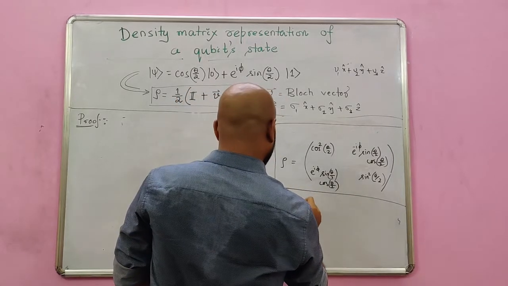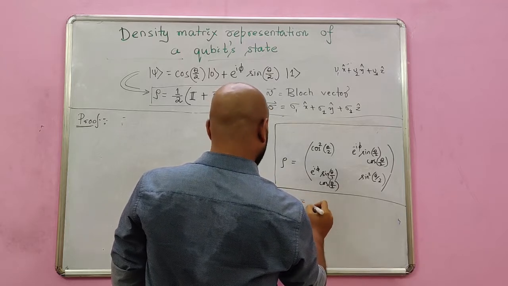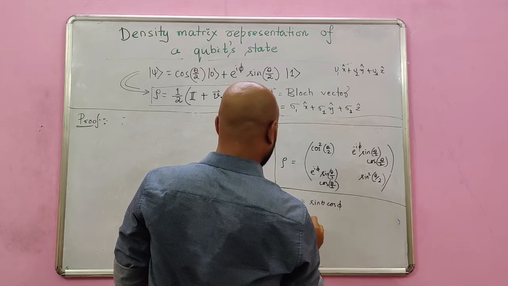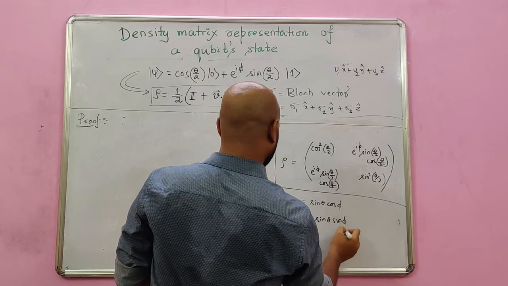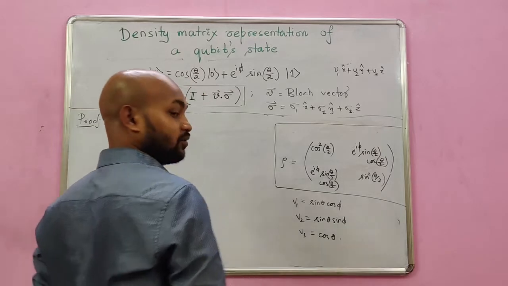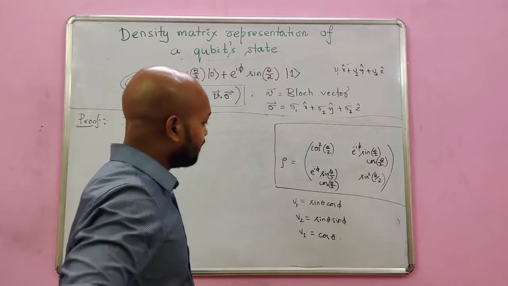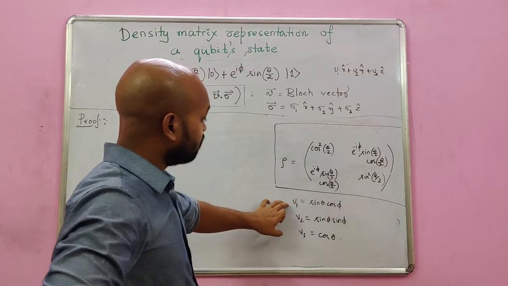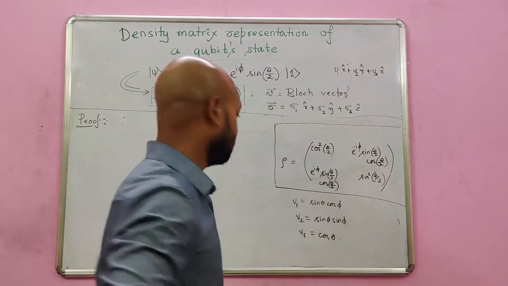So our V1, the x component, was sin theta cos phi, V2 was sin theta sin phi, and V3 was cos theta. This is something that we saw last time. The target would be to convert these matrices to these particular terms with sigma 1, sigma 2 and sigma 3.